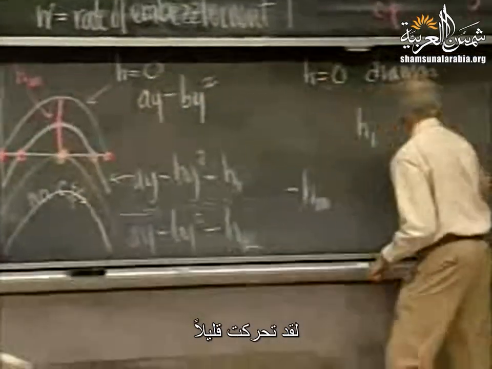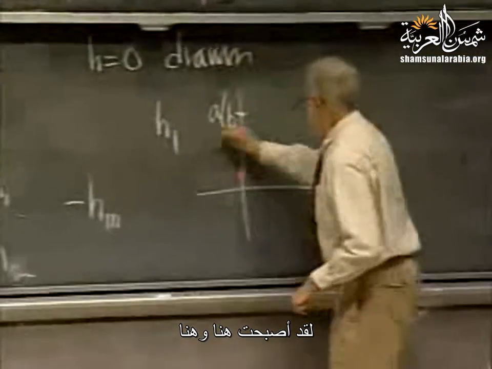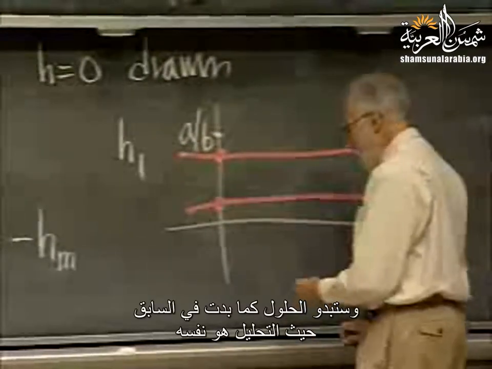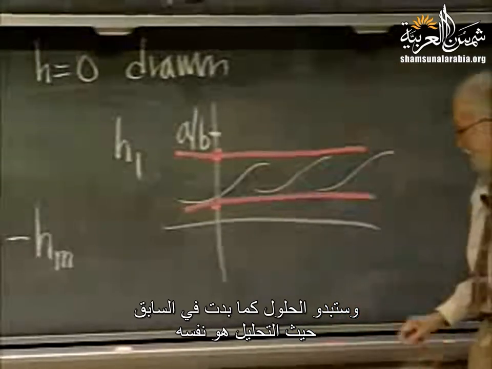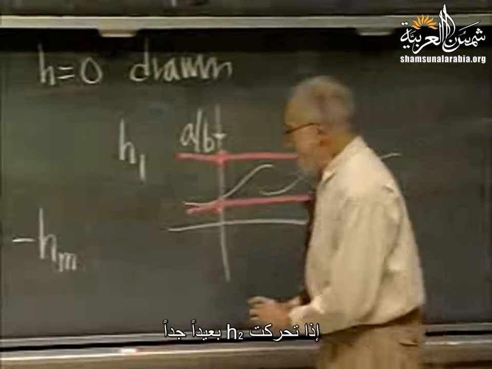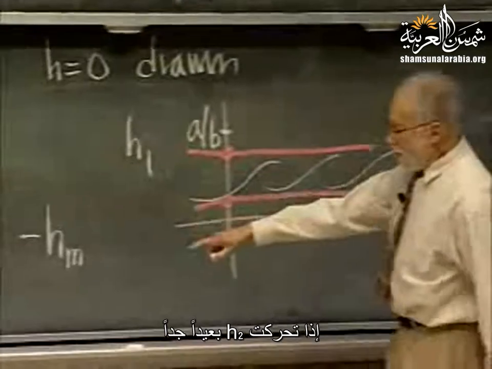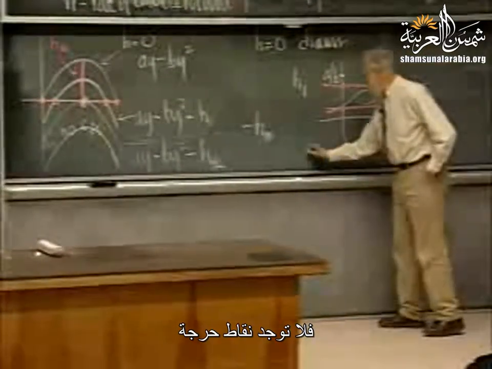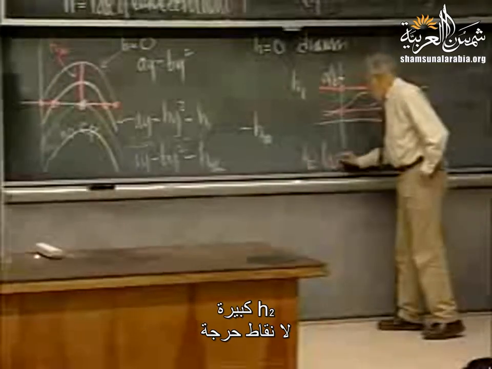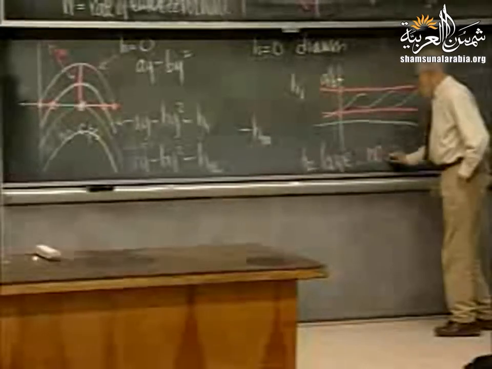They've moved in a little bit, so they are here and here. Otherwise, the solutions look just like they did before, and the analysis is the same. Similarly, if h2 is very large, there are no critical points.